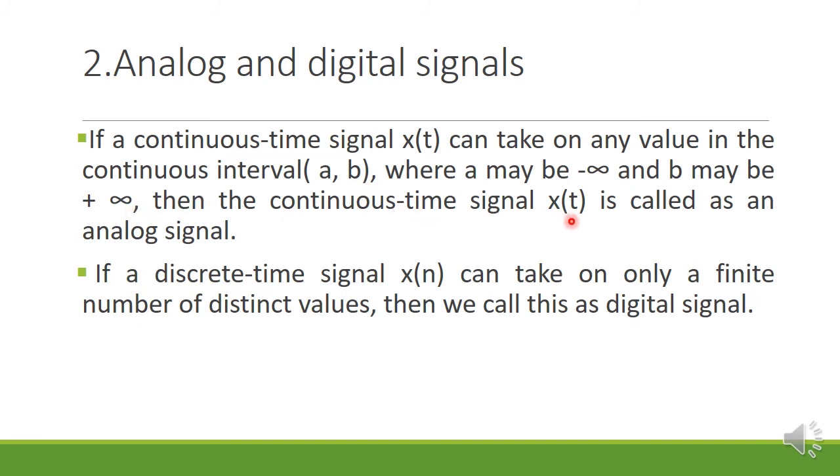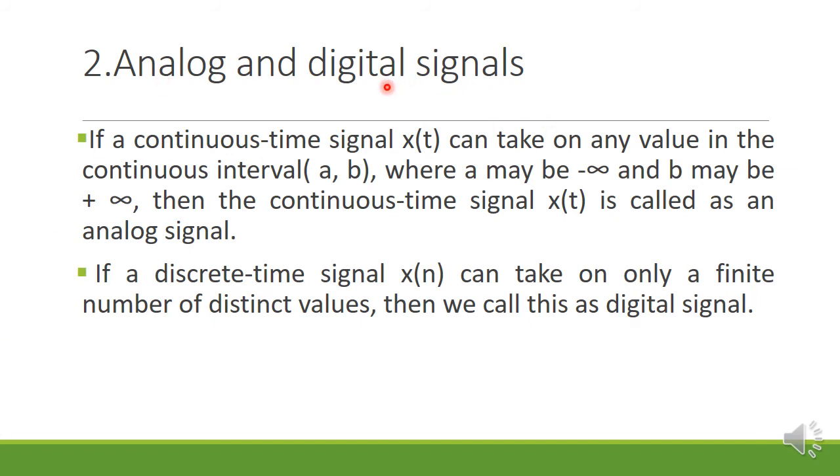Then the continuous time signal x of t is called an analog signal. So first, the analog signal should be a continuous signal, and its value should be in a continuous interval between minus infinity and plus infinity.